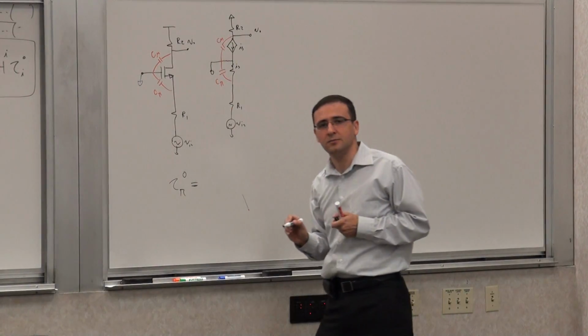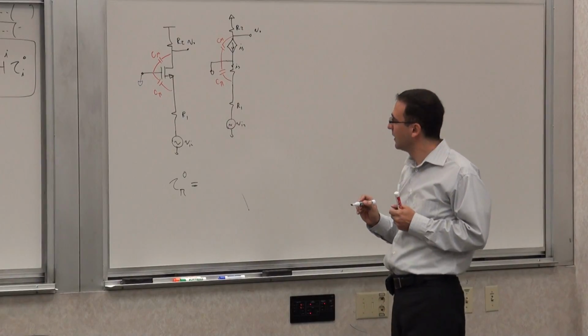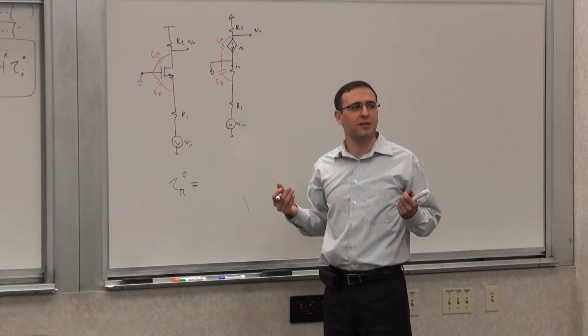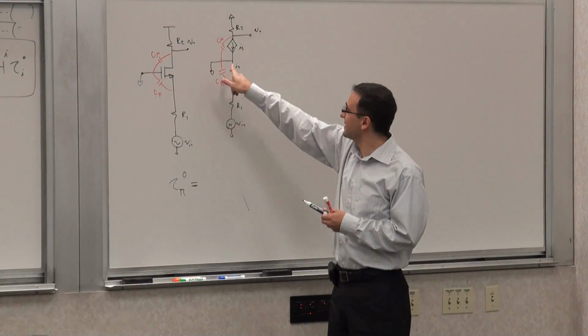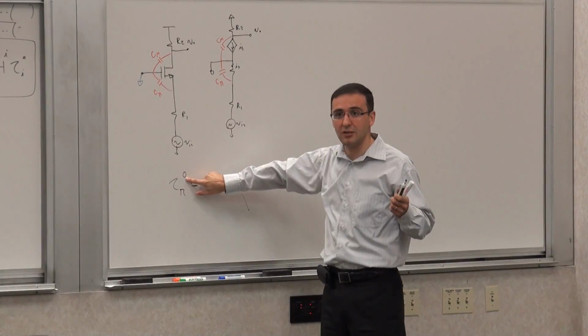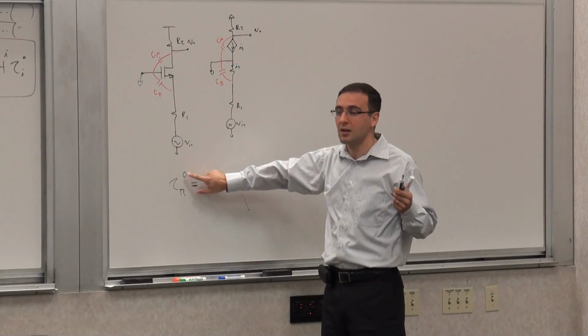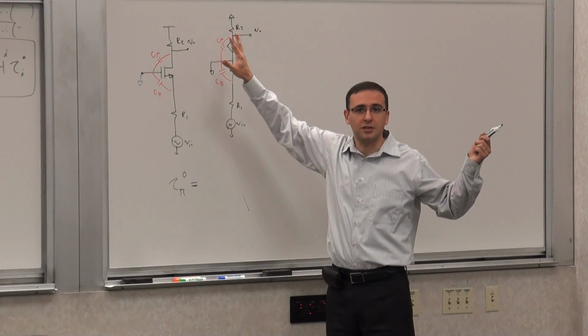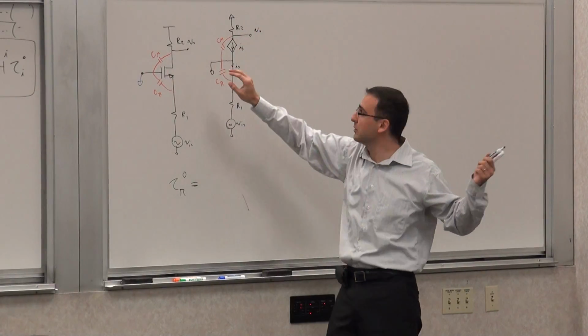So what is tau pi 0? Well, help me out. What is the definition of tau pi 0? How do you determine tau pi 0? You look at the resistance seen by this capacitor when all the other elements are 0 value, that's what this 0 means, zero value time constant. In this case, you have another capacitor, so that's 0 value, so it's not there.